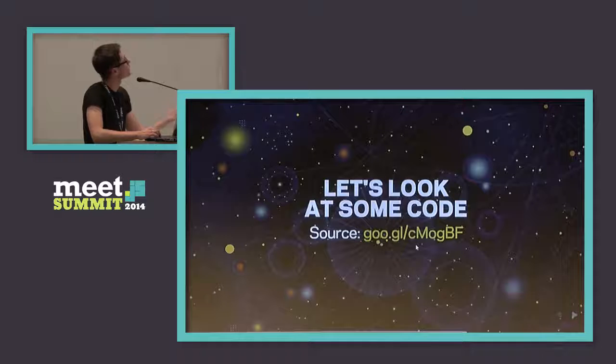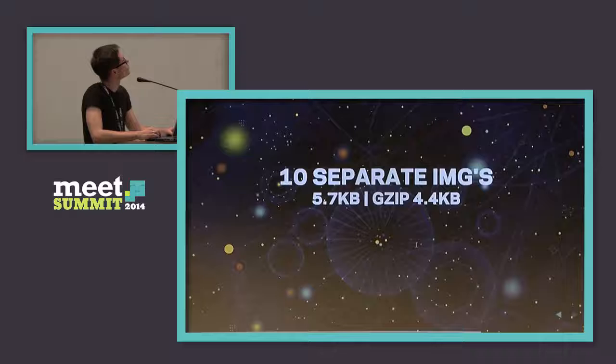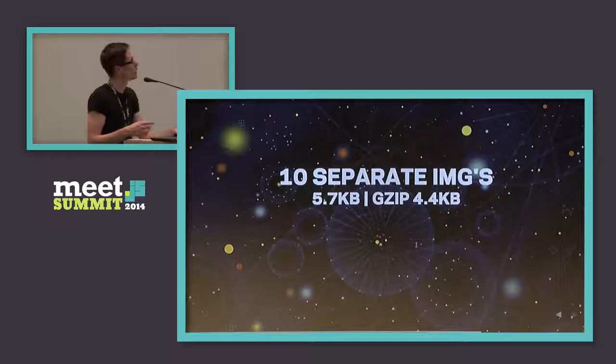So yeah, here's the link for the code on GitHub, and to refresh from the previous slide. If you have 10 requests to the server with this list of image embeds in the HTML using the img tag, you have your icons.